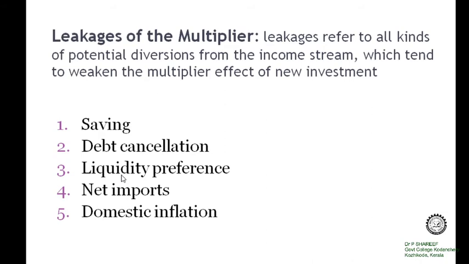Net imports also a leakage. The income flows to outside the economy. Net imports represents outflow of income. Domestic inflation also leads to decrease in consumption. Thus, these are leakages which negatively affect the multiplier effect.